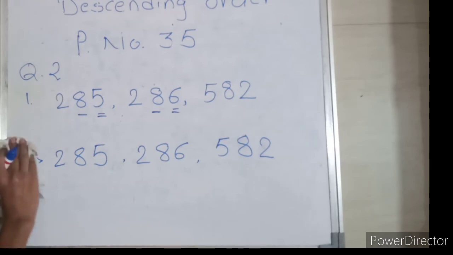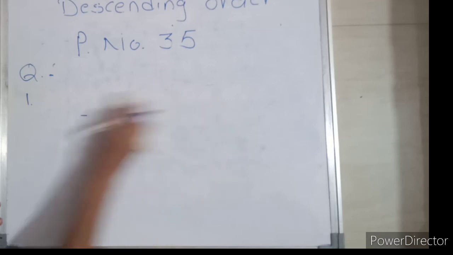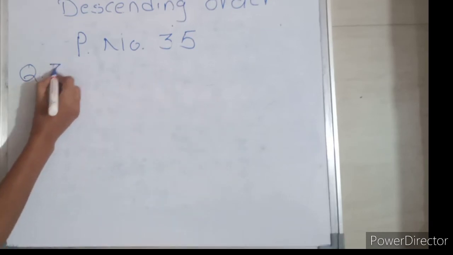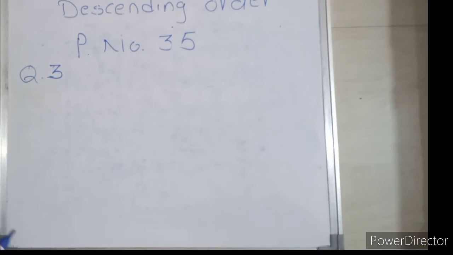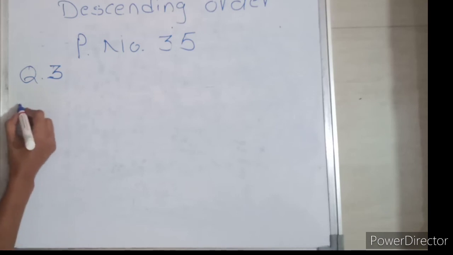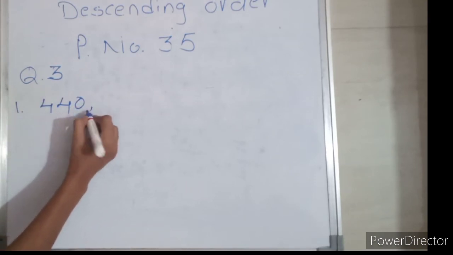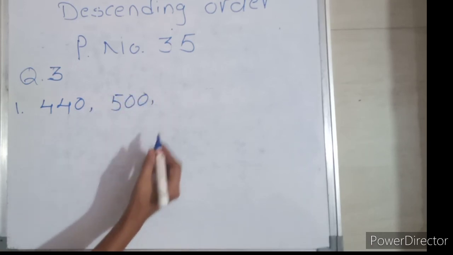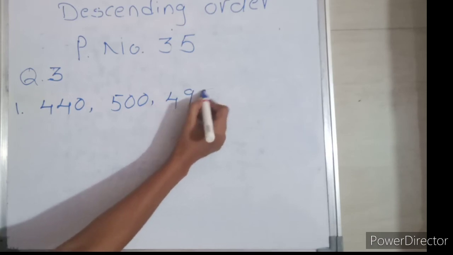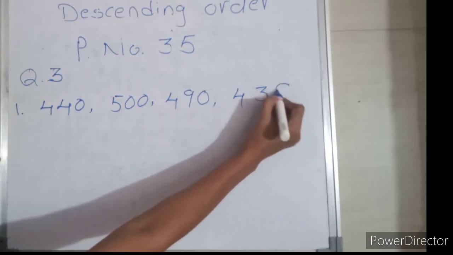Now children, see question number 3. Question number 3 is arrange the numbers in descending order. Okay. So the first one is 440, then 500, then 490 and then 439.